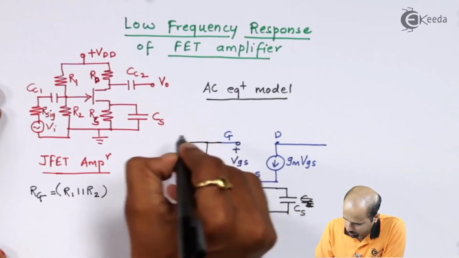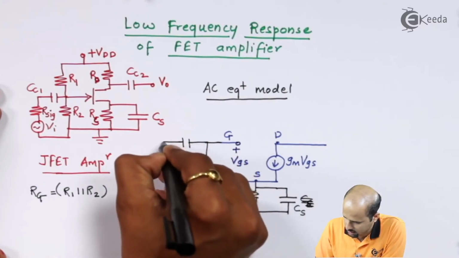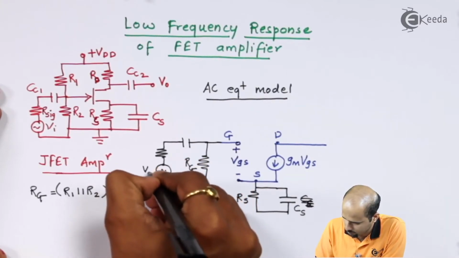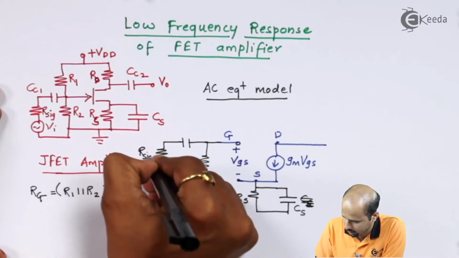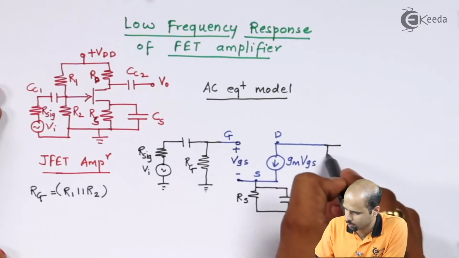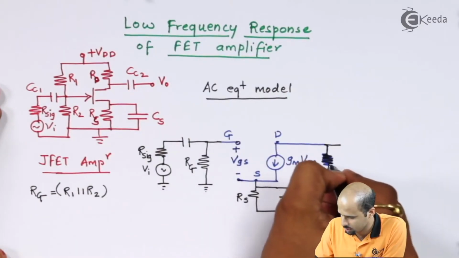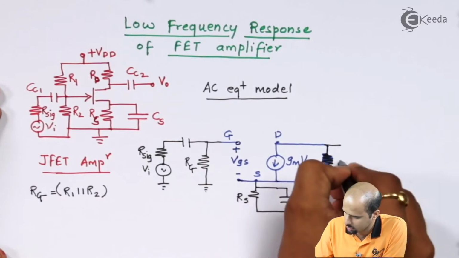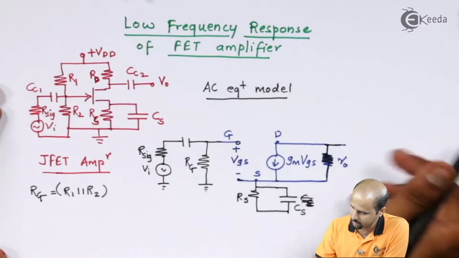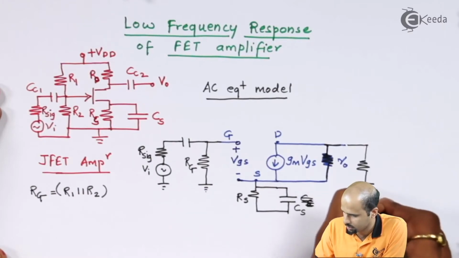Then here we'll have to consider the capacitor along with the source resistance. VI and R signal, and here we'll consider small rd, which is part of the transistor itself, we can say RO, and then the resistor RD, right?